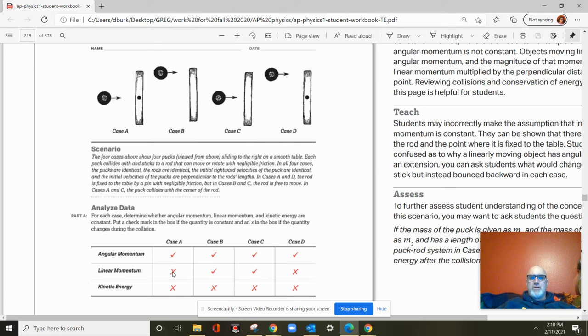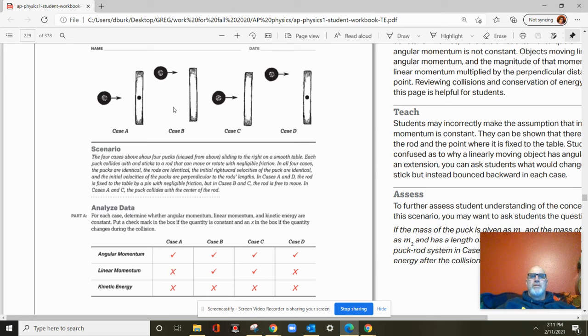All right, so they're saying that the linear momentum is going to change in case A and D. And in case A and D, what's happening is that these pucks have linear momentum, the bars don't.